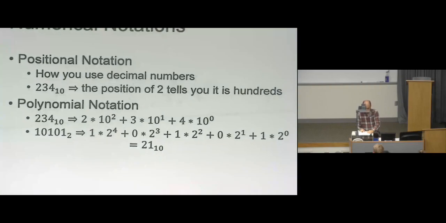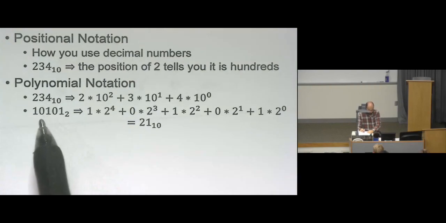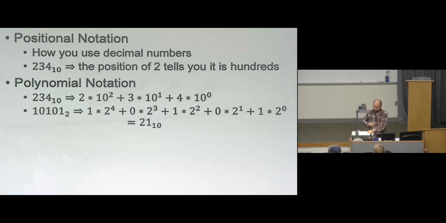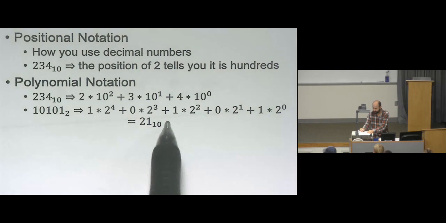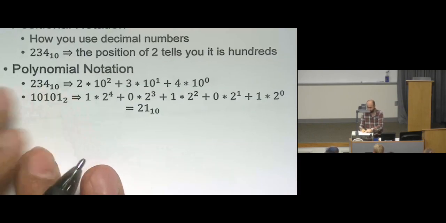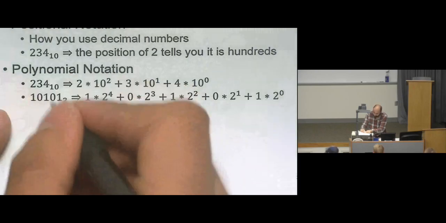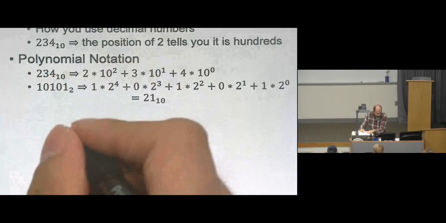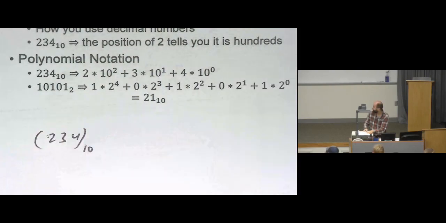When we want to convert any number from binary or any other base to the number that we know, which is decimal, we call it the polynomial notation or the position notation. Let me write it here: 234 base 10.